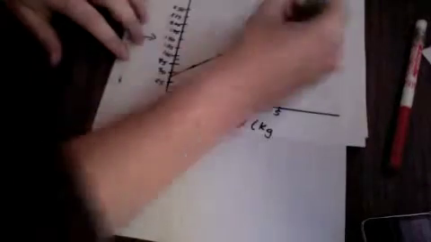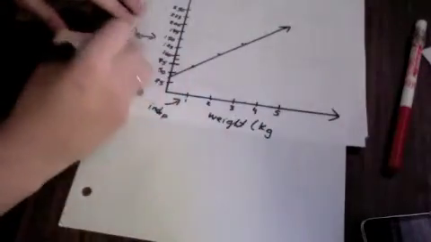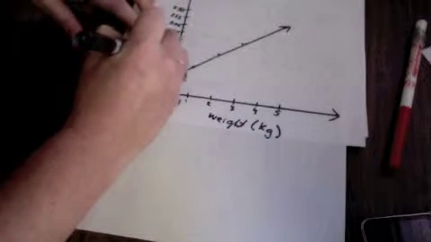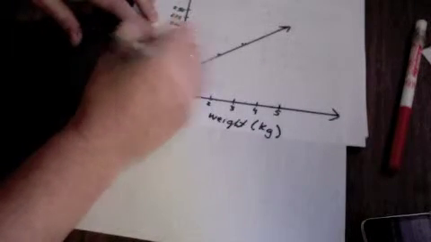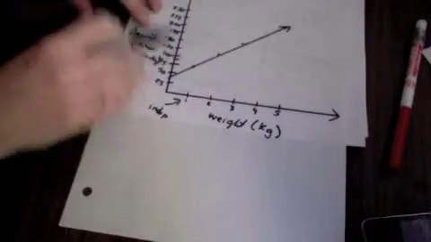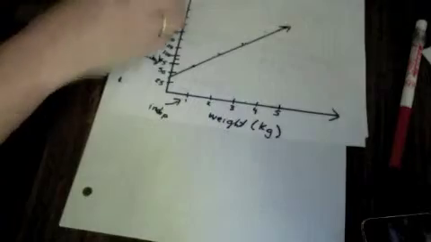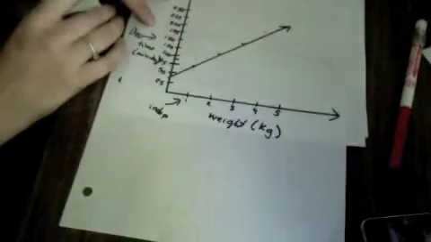So that's my graph. This goes up forever. We can add the arrows like that. We want to make sure that we're labeling both axes, so time in minutes. I forgot this one.